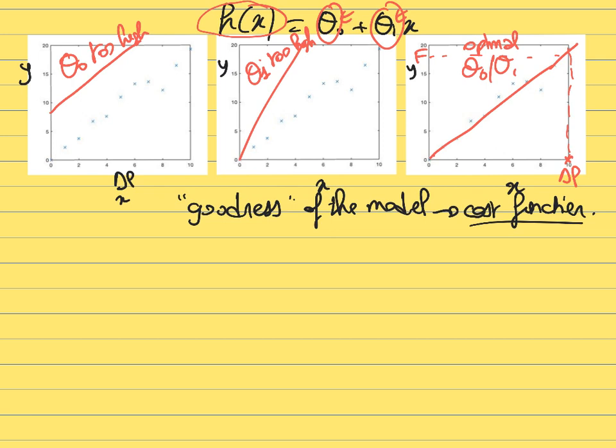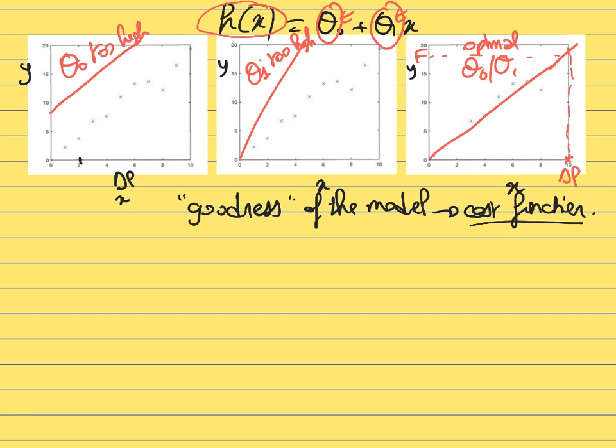So we need a cost function that describes how far the model, this red line, is from the data. What we know is the values of x. We know the input of the model, so we always get this right. What we don't know is how well our model predicts the output.